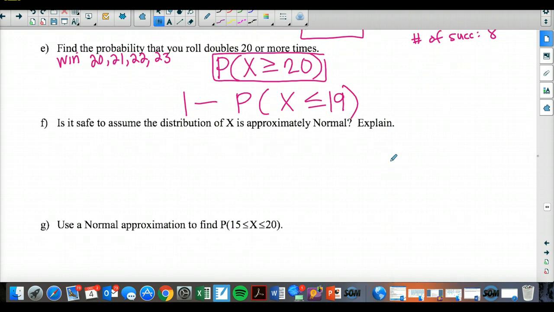So it is 1 minus, is it PDF or CDF? Yep, binom CDF, x is less than or equal to 19. 0.2197.